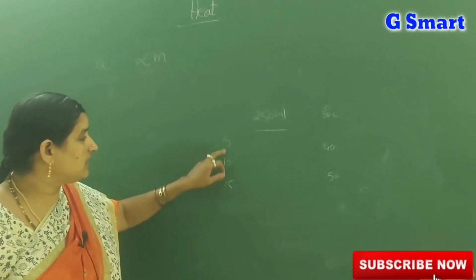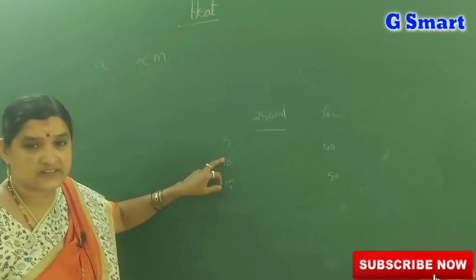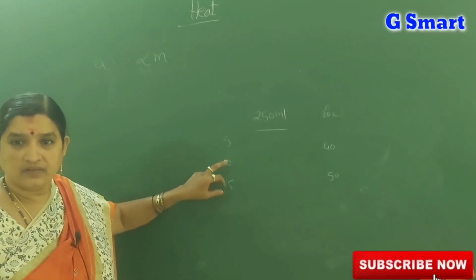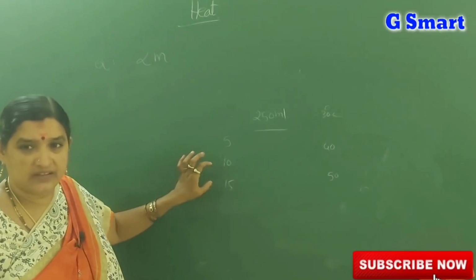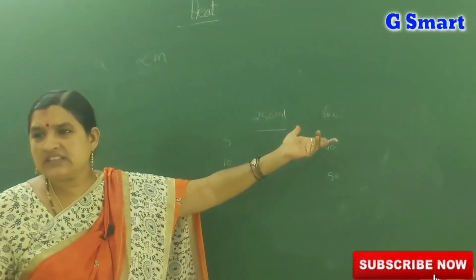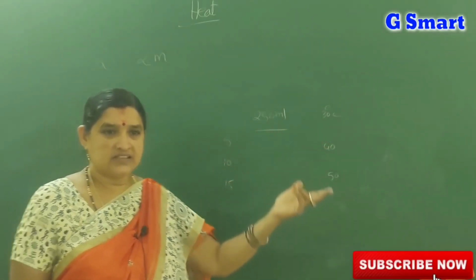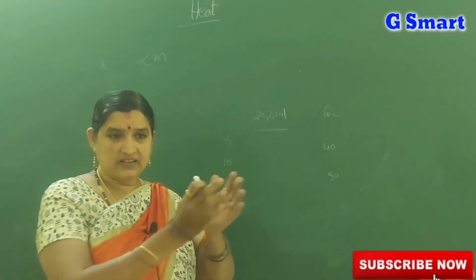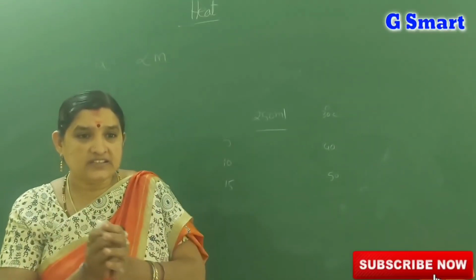So what becomes the difference? Time difference gives the unit time. In that unit time, what is the temperature difference? T2 minus T1. Understand? For the first minute, it is 30 degrees centigrade. For the next minute, it is 40 degrees centigrade.